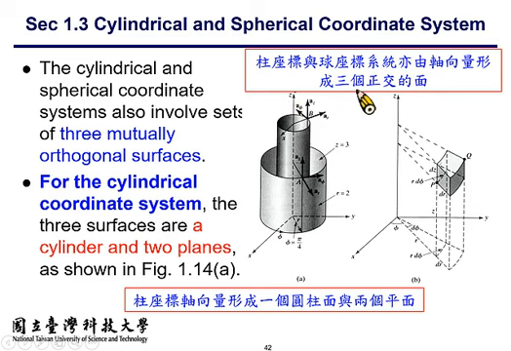So what are the three reference directions of the cylindrical coordinate system? They are R, phi, z.